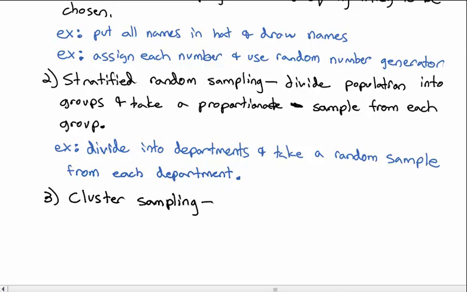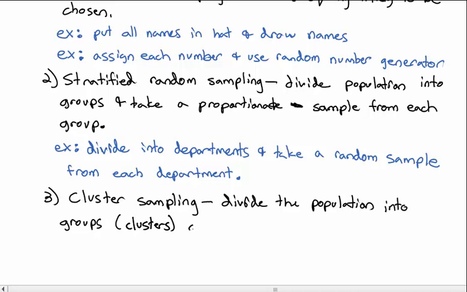Which sounds very similar because we're going to divide the population into groups again, and we call these groups clusters. And randomly select entire groups.